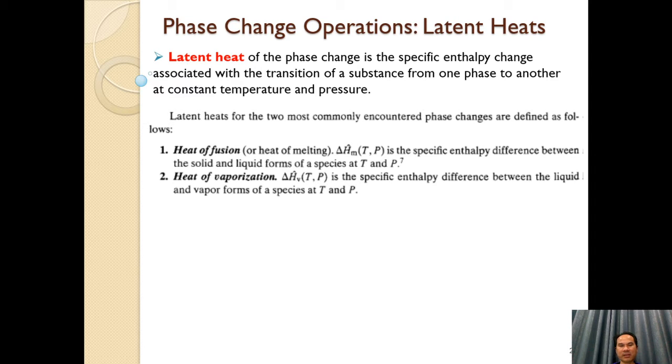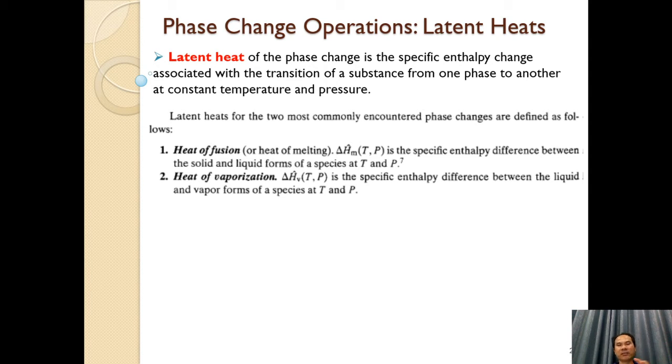Melting is solid to liquid. I'm so sorry, fusion is liquid to solid, and melting is solid to liquid.